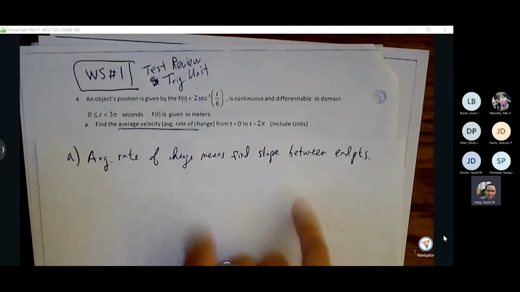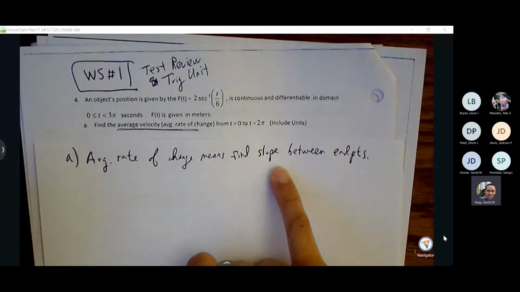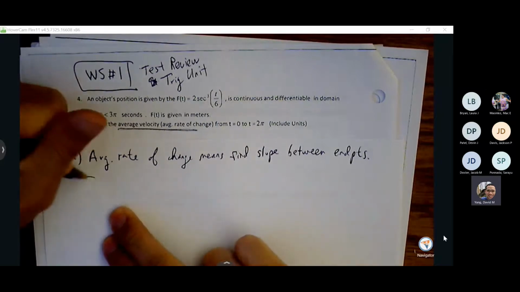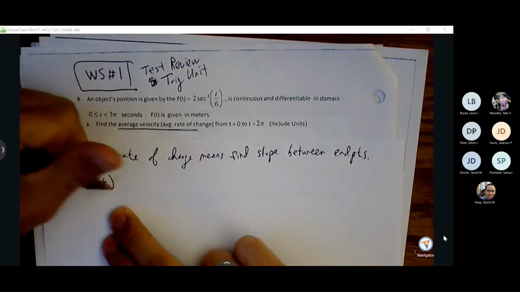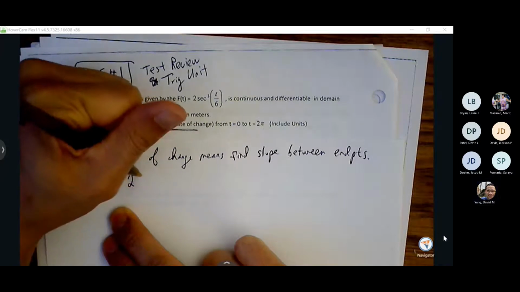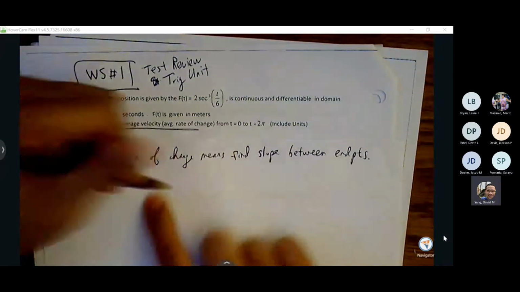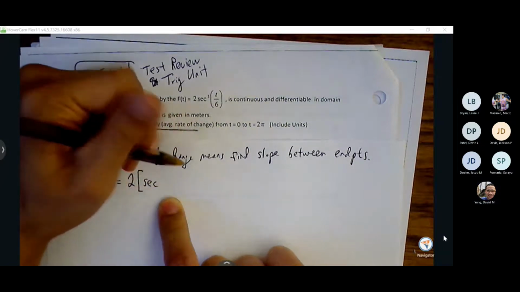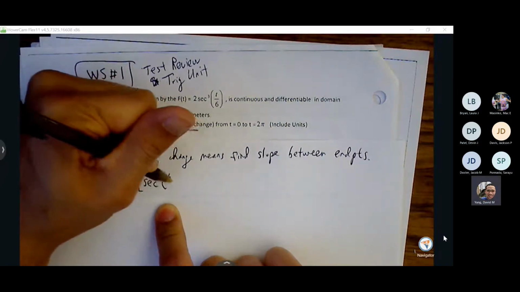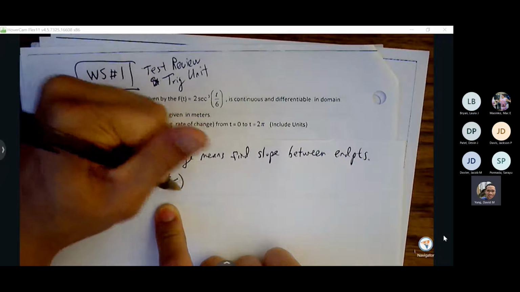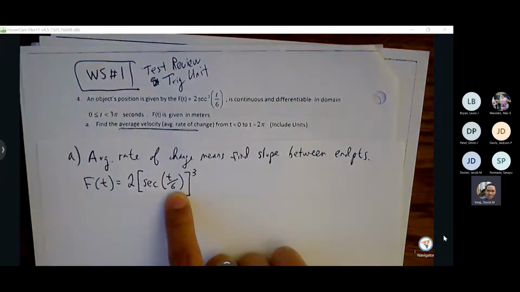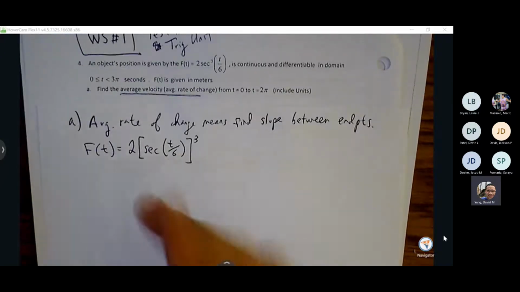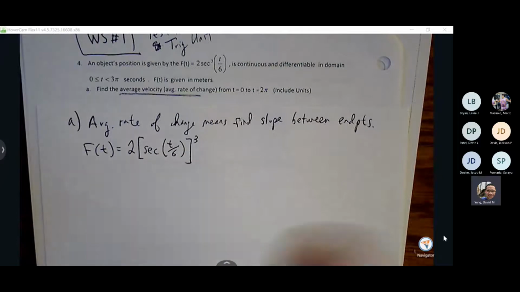Okay, so before we define slope between endpoints, we first have to find ordered pairs. Secant cubed t over 6, I'm going to rewrite this in a manner that's easier to think about. You can also pull any fraction out in front of the variable, right?